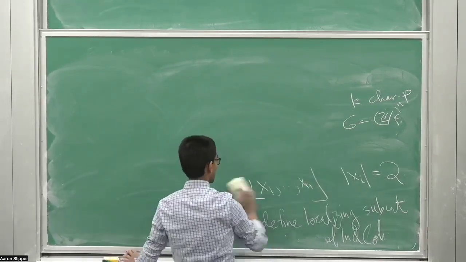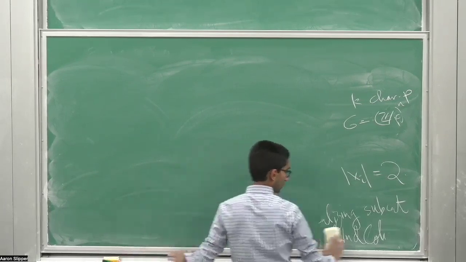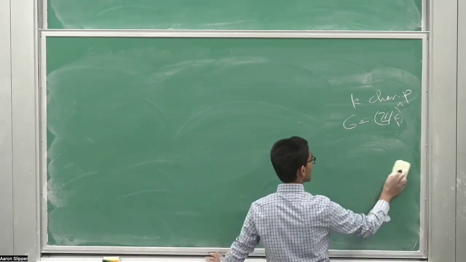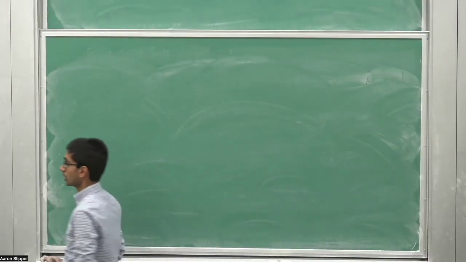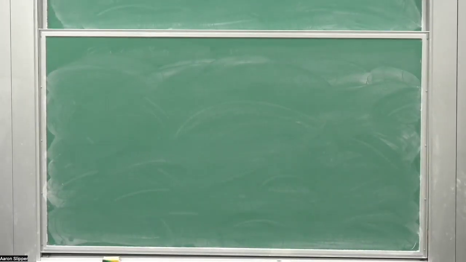So they define these various subcategories, and let me just explain the characterization.